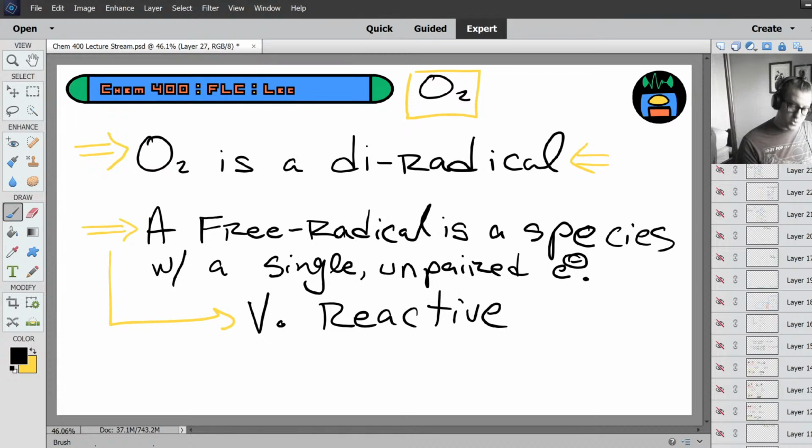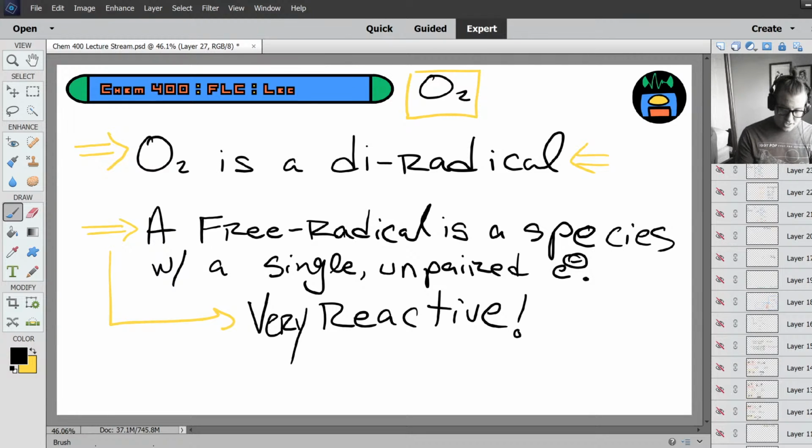They can do all sorts of damage to your body, to your DNA, all that kind of stuff. They're very reactive. They cause bodily harm, all that stuff that we're afraid of, all right?